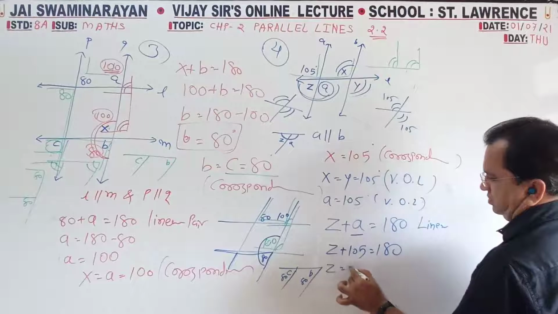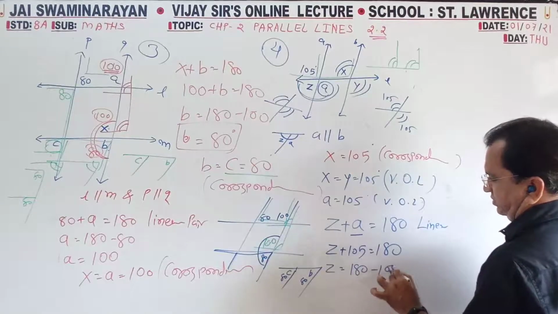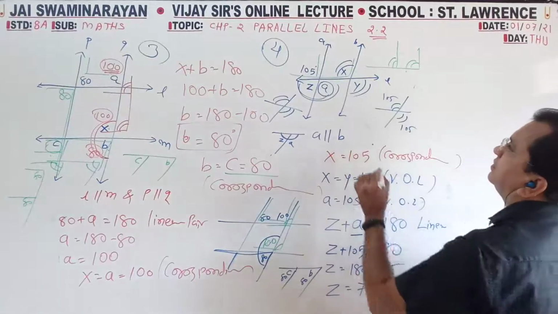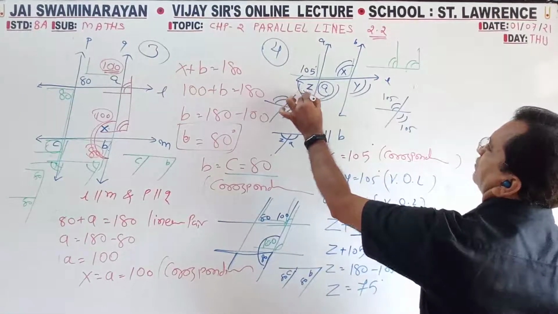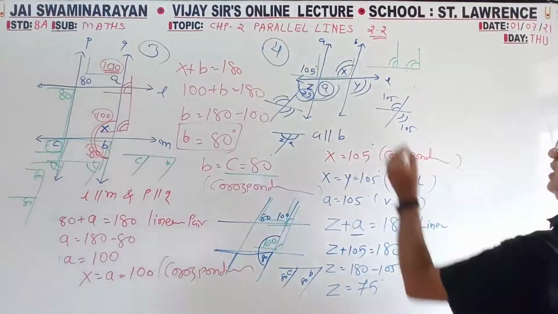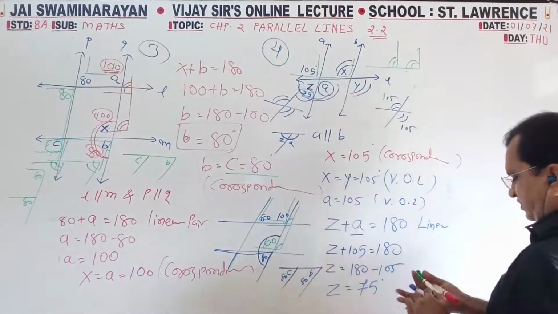A is 105. So Z is equal to 180 minus 105. So Z is equal to 75. Now again F you are observing here.